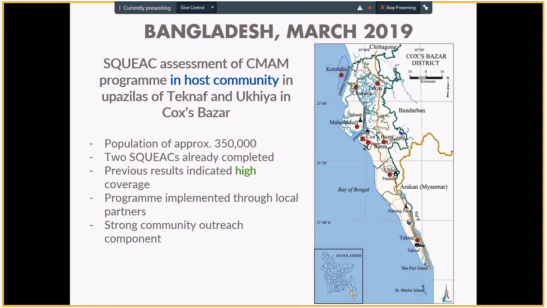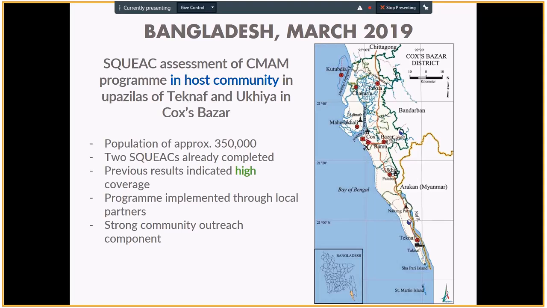Yes, they're called volunteers, but they are paid as well. It's an employment for them, and they're part of the community and supporting their community. This model has been operating for 7 years in the host communities. So it works well. The previous surveys showed high coverage, and it's all done through local partners. ACF supports local NGOs to do all of this in collaboration with the government.